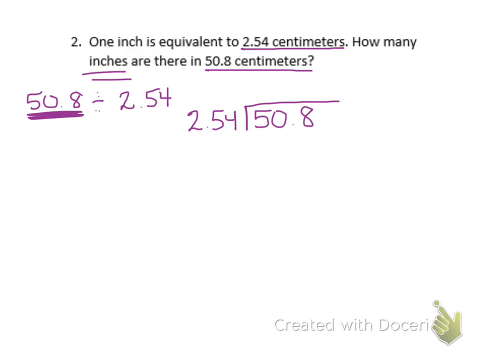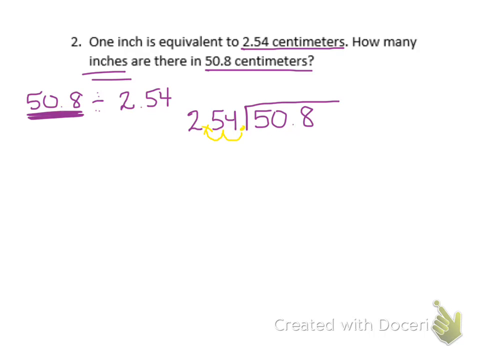Alright, so I cannot divide by a decimal. So to make this easiest on me, I have to move that decimal to make it a whole number so that I can divide. So remember, when we're dividing decimals, you have to move your decimal all the way to the right. So 1, 2. So now here's my new decimal. I'm going to cross this one off.